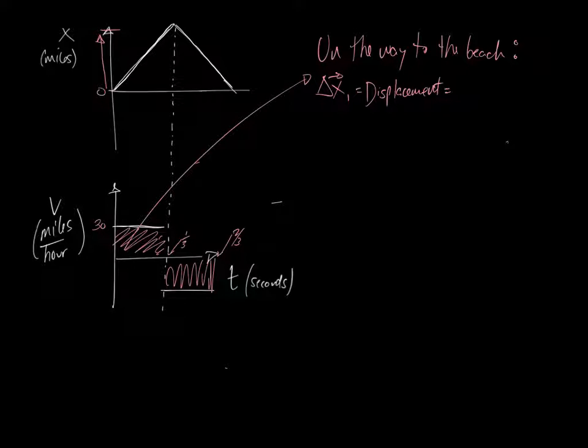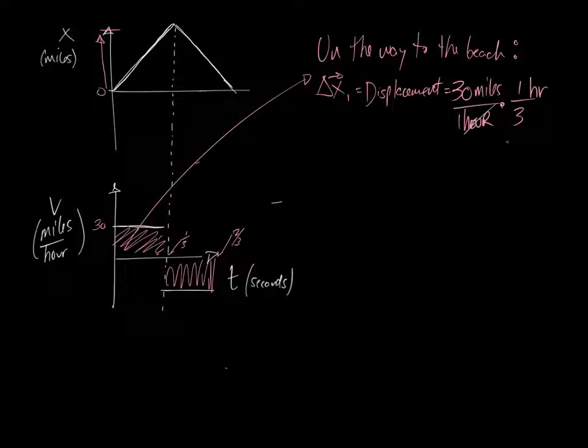And if I travel 30, see, what is that again? 30 miles per 1 hour, and that's times 1/3 of an hour, right?